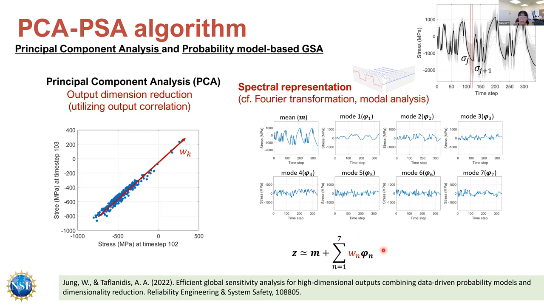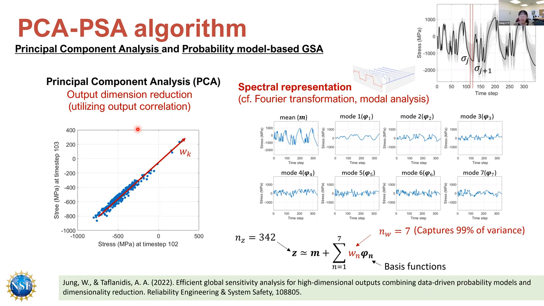Because these basis functions are fixed, if we know these 7 W values, then we can fully reproduce the output quantities of interest. That means the information on these 7 variable realizations is sufficient to describe the original 342-dimensional variable. So we just reduced the dimension from 342 to 7 by introducing principal component analysis.